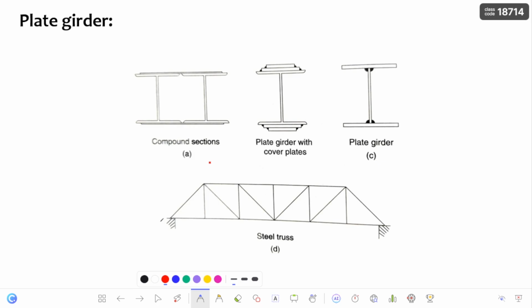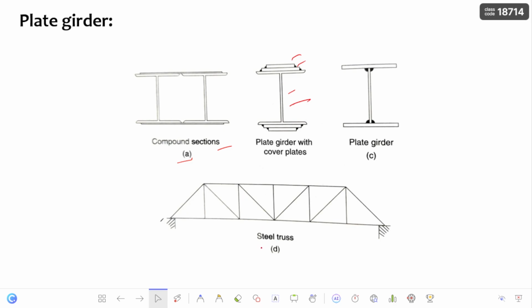These are the different options available when the hot rolled sections are not going to resist the load coming onto the structure. The initial option has the problem that it is uneconomical, and there is also a deflection limitation for these compound sections. For the second option, whenever the hot rolled section is marginally inadequate to resist the load, the hot rolled section along with cover plates is preferred in construction, so that it can increase the strength of the section.